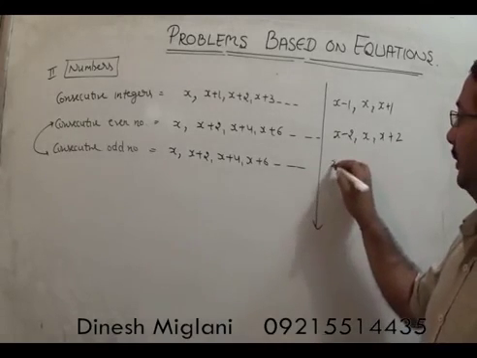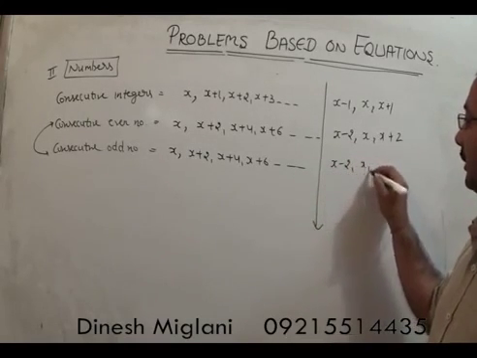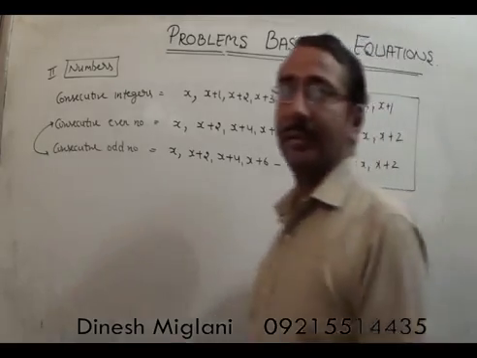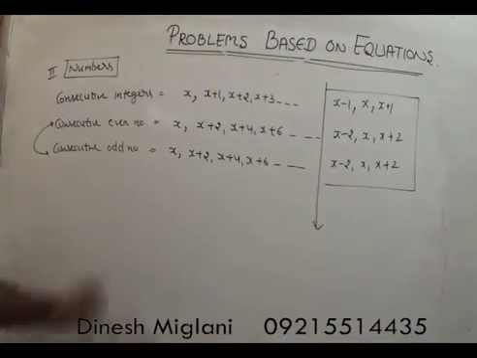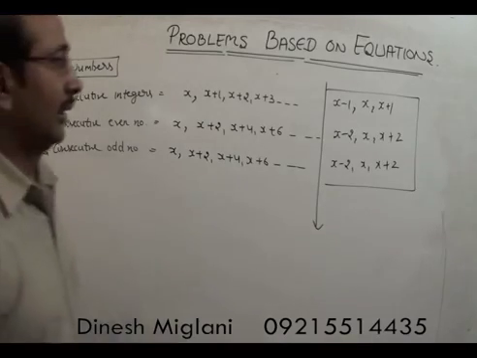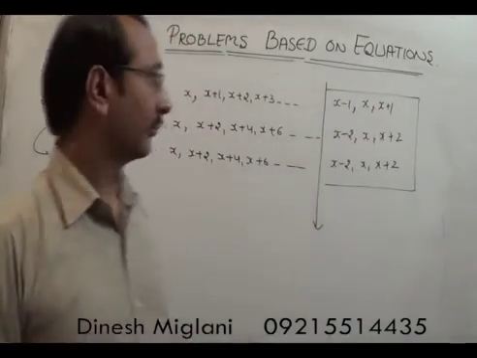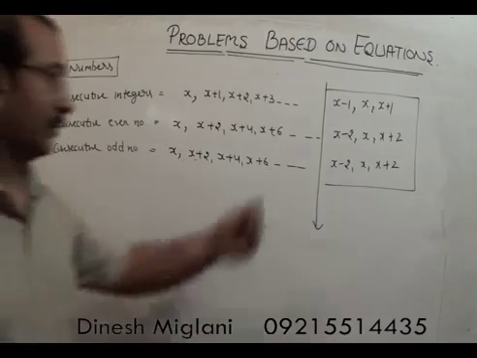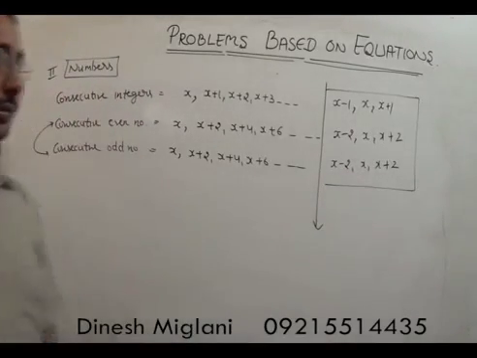And also in the odd integers, we take it as x minus 2, x and x plus 2. I hope the point is clear. Means when I have to assume only 3 consecutive integers, I can take it as x minus 1, x and x plus 1. If we take even, x minus 2, x and x plus 2, also in consecutive odd integers, x minus 2, x and x plus 2, right?